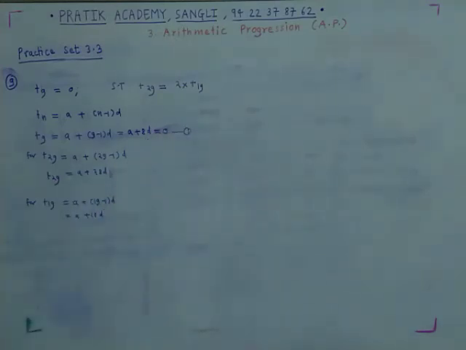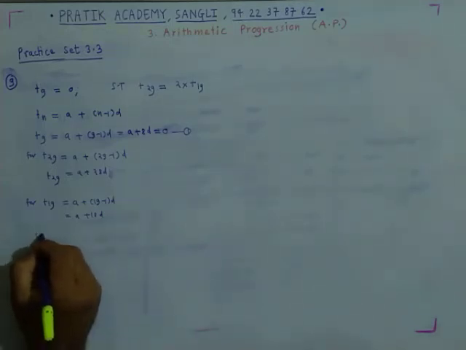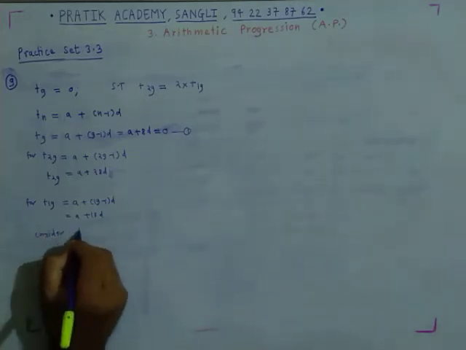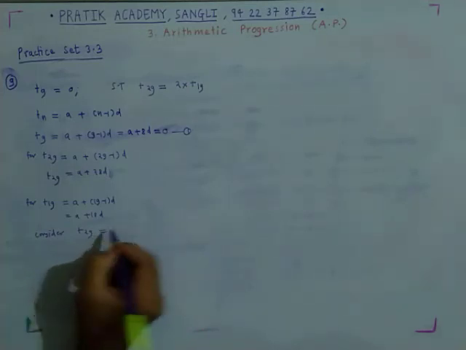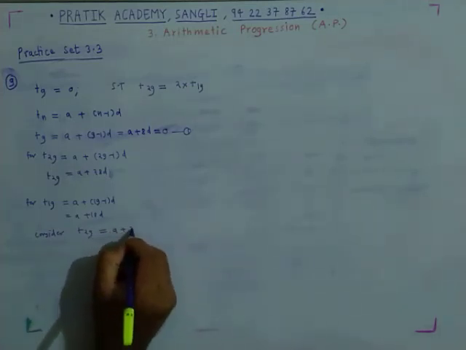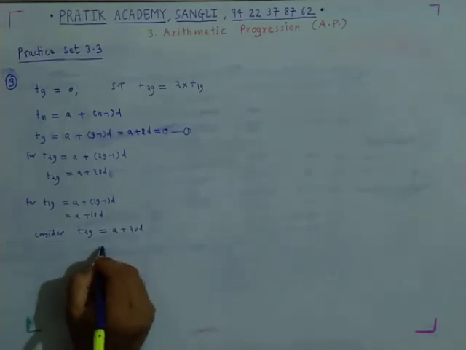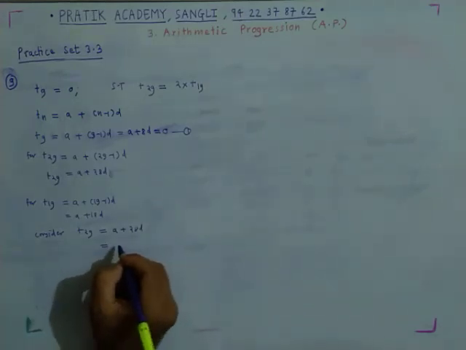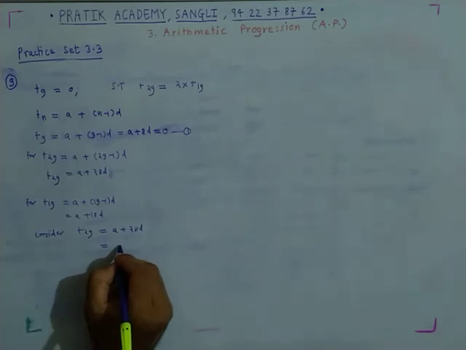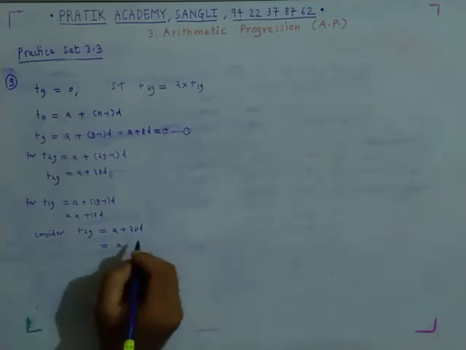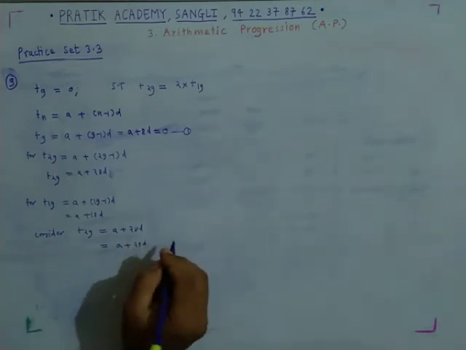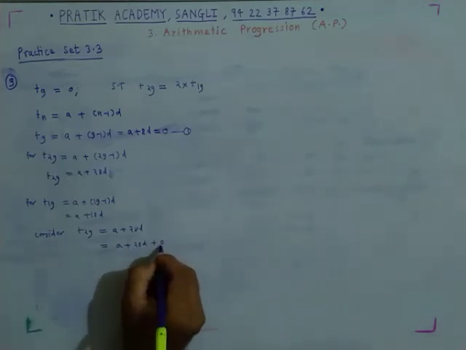Call this 1. Now consider t29 is equal to a plus 28d. So here we can adjust this term as a plus 28d plus 0.